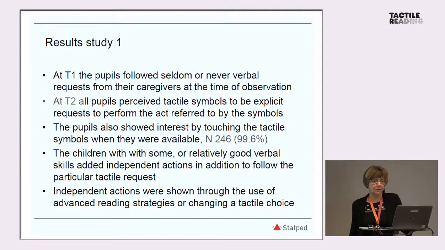The pupils also showed interest by touching the tactile symbols when they were available, in almost all instances except one. And the children with some or relatively good verbal skills added independent actions in addition to following the particular tactile requests. Independent actions were shown through the use of advanced reading strategies or changing a tactile choice.